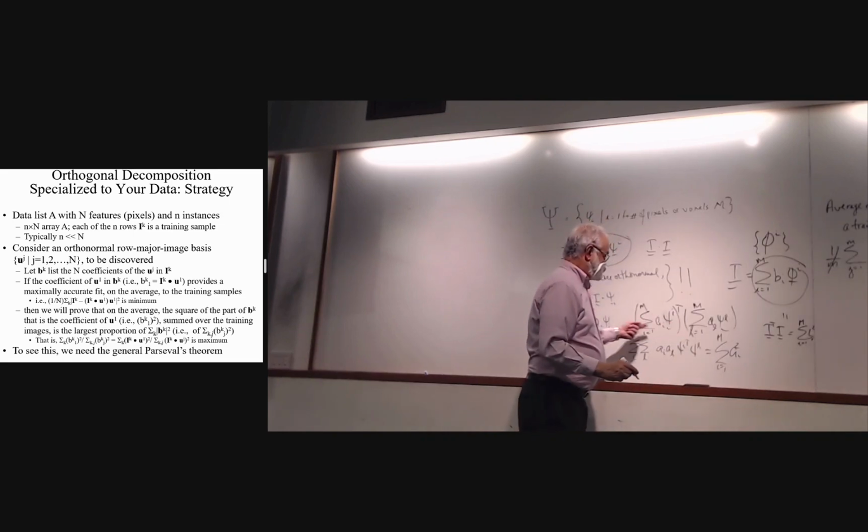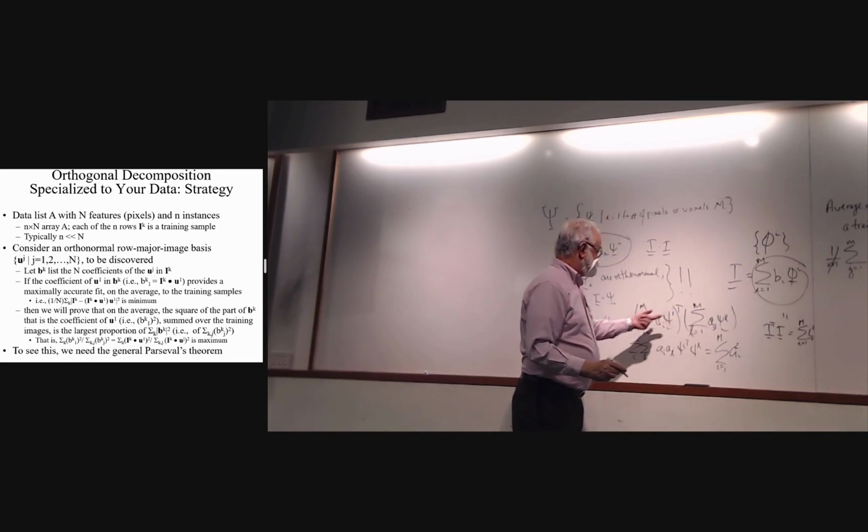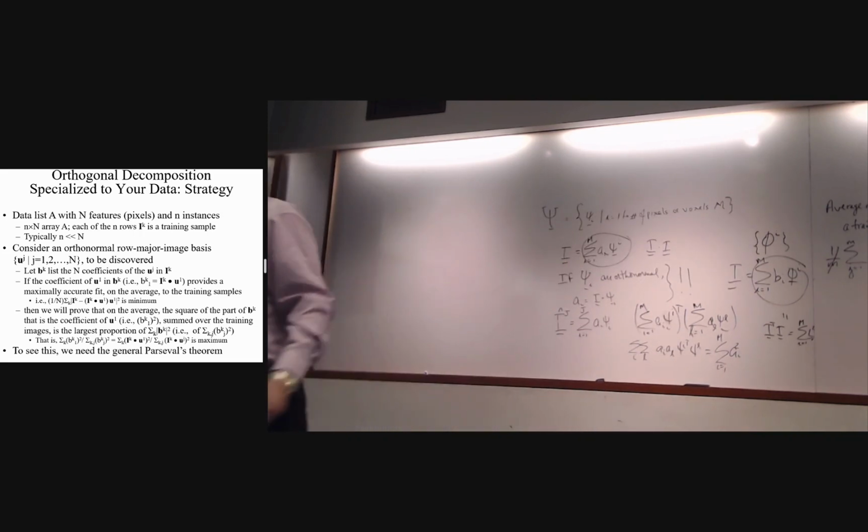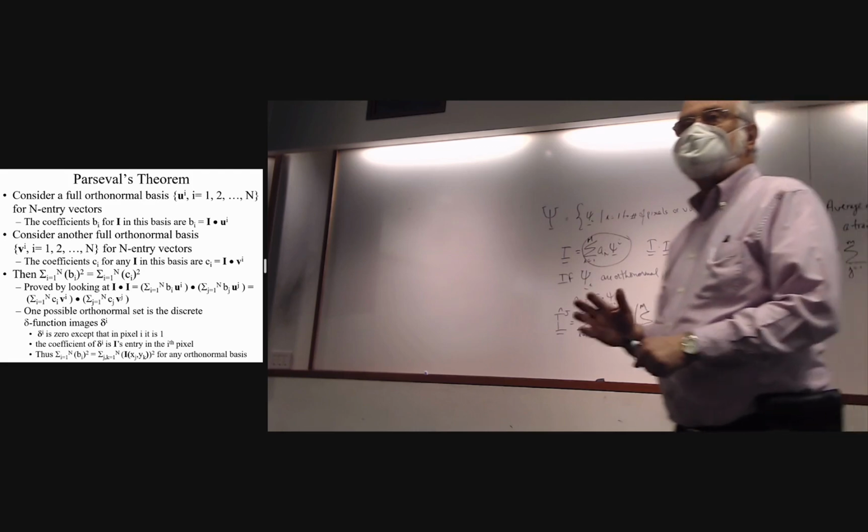Put another way, once I've done all this, I've used the fact that they're orthonormal, but nowhere in the final result does the actual psi_i appear. The sum of the coefficients squared is independent of the orthonormal basis set we use. For every basis set, the sum of the squares of the coefficients is the same.